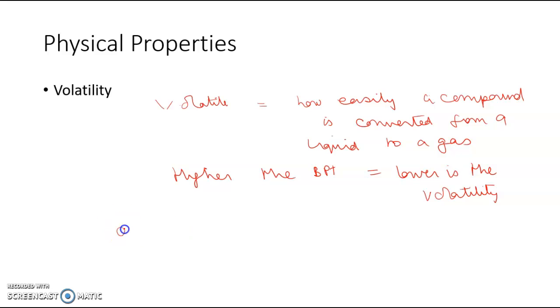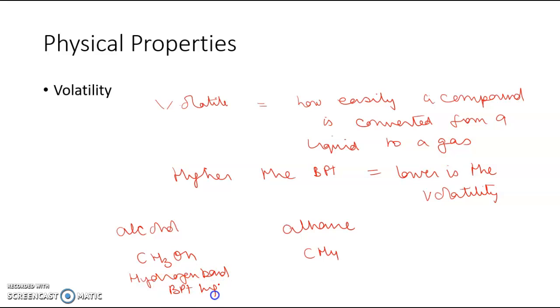So we've got alcohol and we've got alkanes. In the previous one, we looked at the example of methanol and methane. We said alcohol has hydrogen bonding, and because it has hydrogen bonding, its boiling point is high.